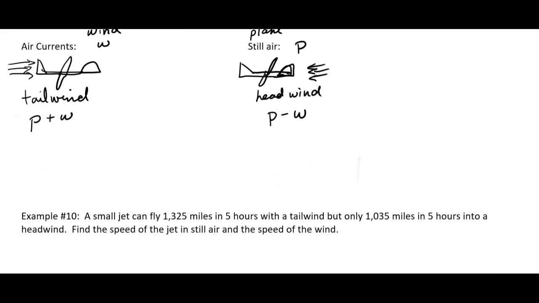All right. So a small jet can fly 1,325 miles in 5 hours with a tailwind, but only 1,035 miles in 5 hours into a headwind. Find the speed of the jet in still air and the speed of the wind. I'm going to call it a plane instead of a jet, just so I can keep my variables the same: the plane and the wind.